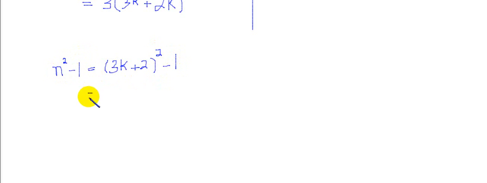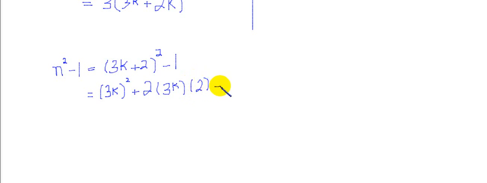Now in the next step I'm going to expand this formula, first plus second whole squared, which is equal to first squared plus twice first times second, then plus second squared, and then minus 1.